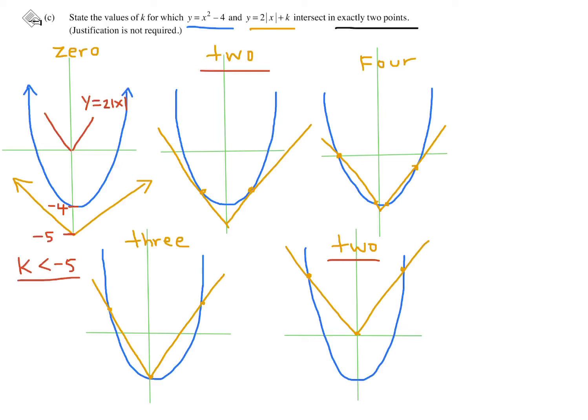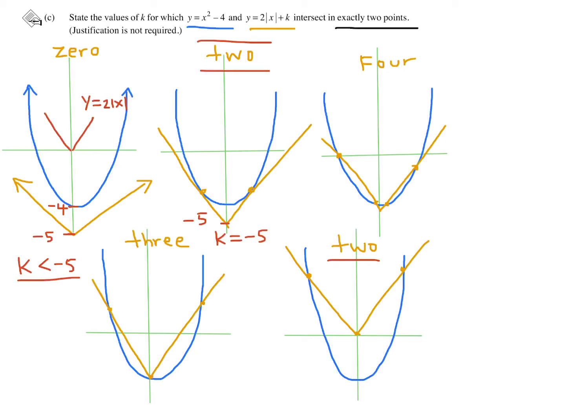We didn't draw the graph in the previous one, but that's exactly what the graph will look like. So the first two questions help us with the part C. Now we get to this next scenario, 2 intersection points. Well, this happens when k is exactly equal to -5. Okay? And then that's what this point is, -5.